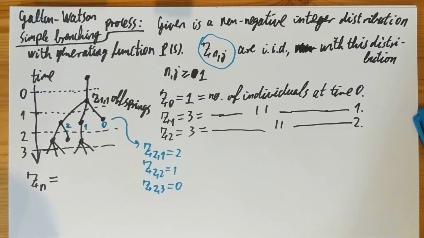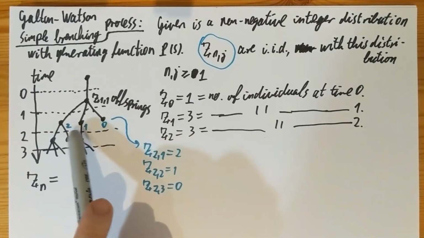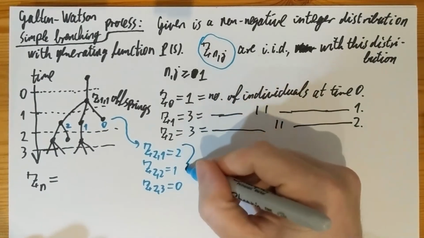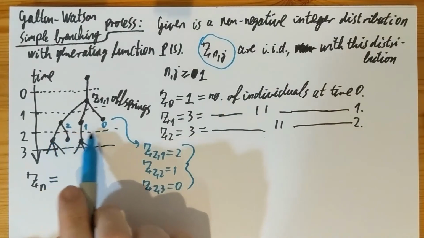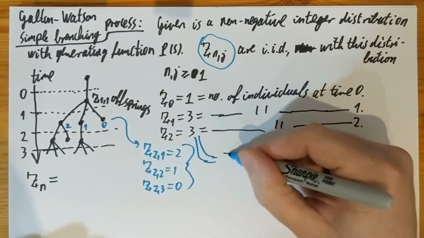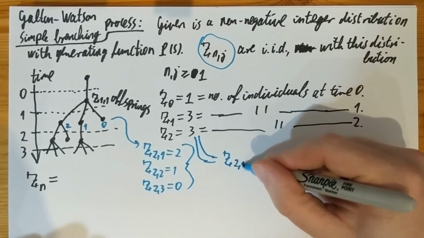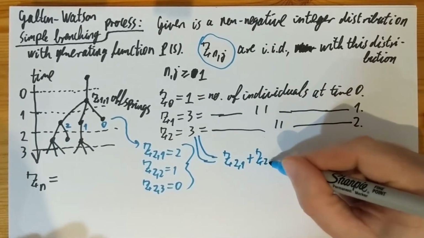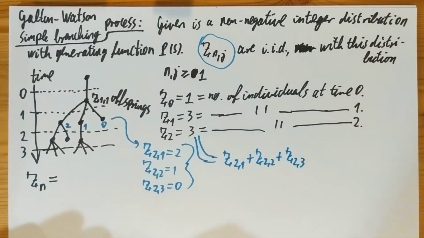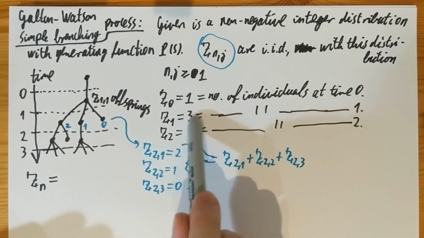In general, if I want to find the number of offsprings, I need to add all these up. So the way to get Z2 is that Z2 equals 3 came as Z21 plus Z22 plus Z23. And again, this 3 is Z1.